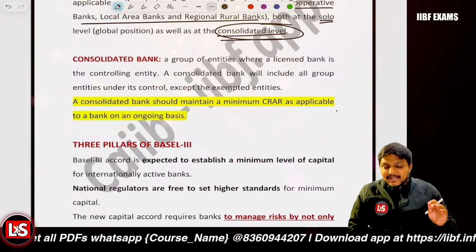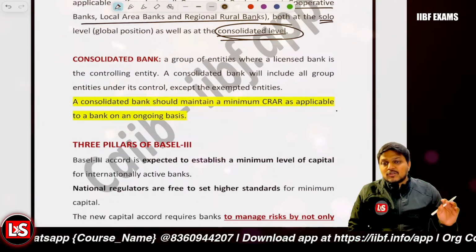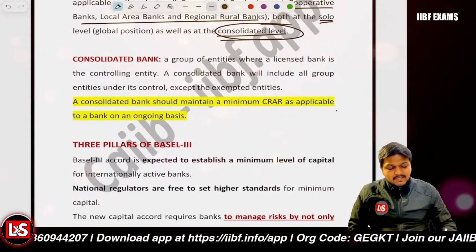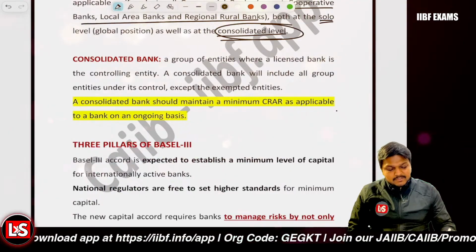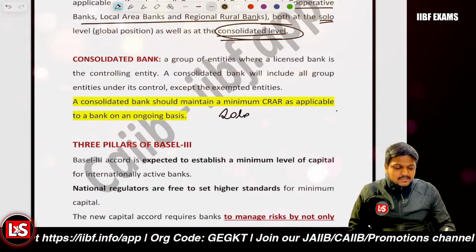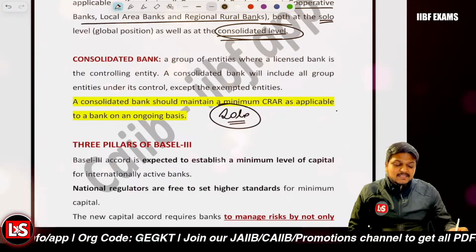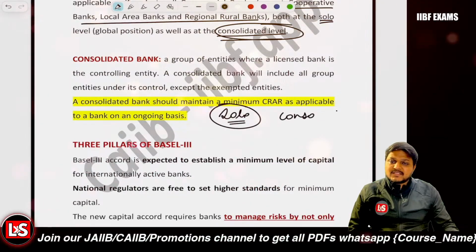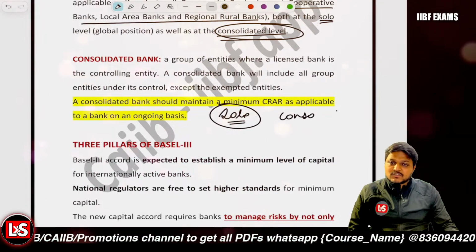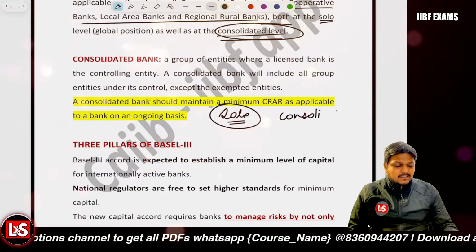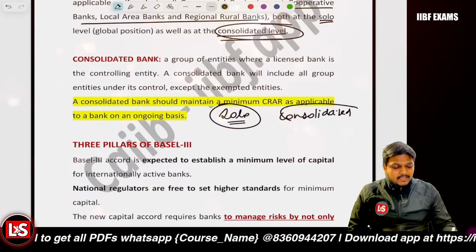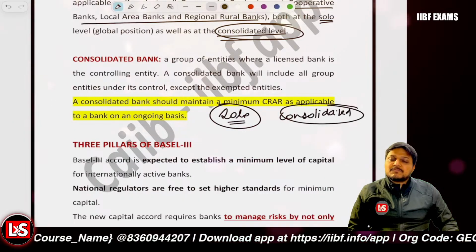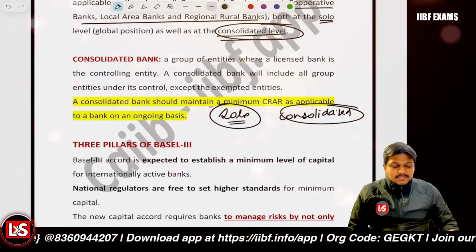And the regulatory requirement says that the consolidated bank must maintain the CRAR on the solo basis, individually for this bank itself, and also on the consolidated basis, meaning whatever entities are there, those also are to maintain this particular CRAR.